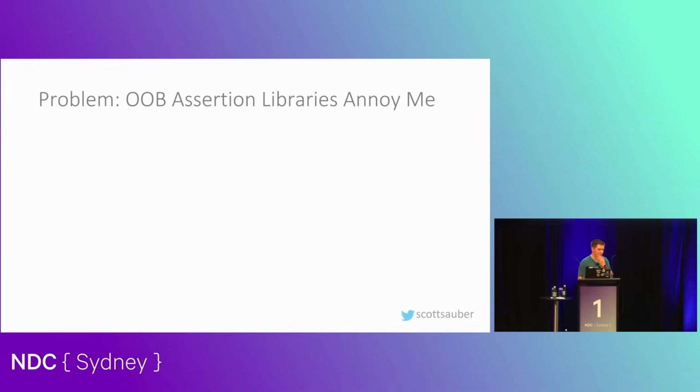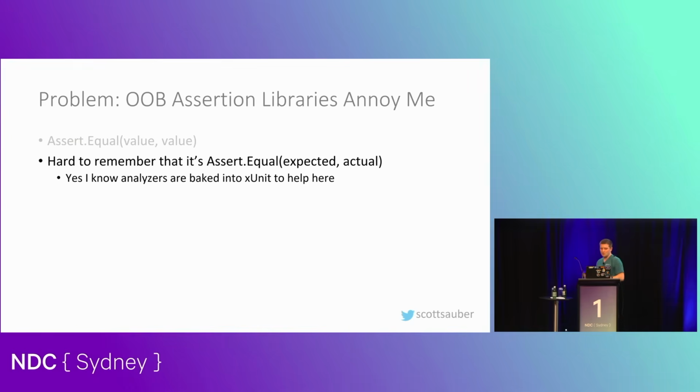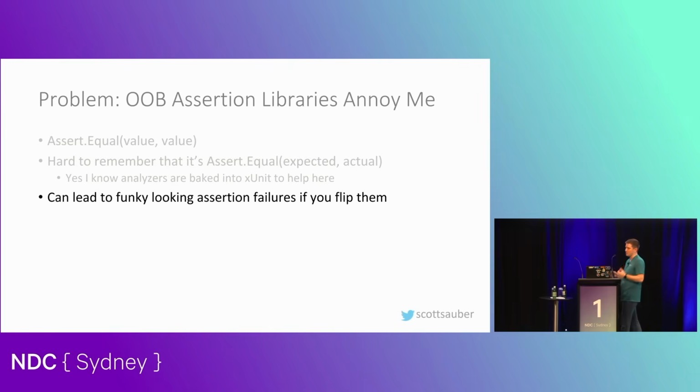But one problem I have with some of these testing frameworks is that out of the box, the assertion libraries kind of annoy me, where you have assert.Equal and then it's like value. I can't remember which is which. Now, XUnit does ship analyzers to help you remember that expected is the first one and actual is the second one. However, sometimes I'll screw it up, and you get some funky assertion failures if you flip them too.